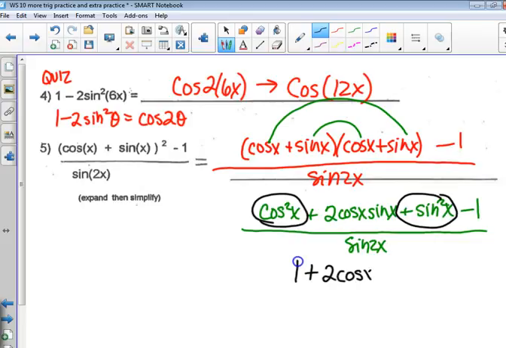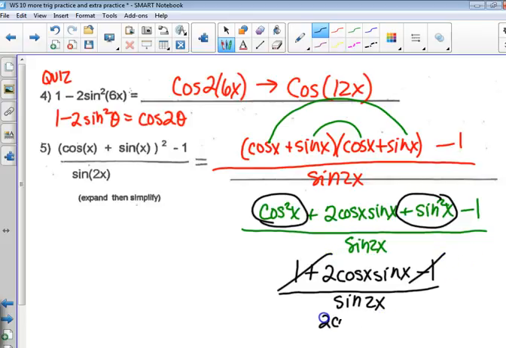You don't have to write this all out. You probably don't have room. I'm just trying to make sure the audience at home can follow it. How's that? The 1 and the -1, that's 0. So now we're left with 2 cosine x sine x over, is there a trade for sine of 2x?